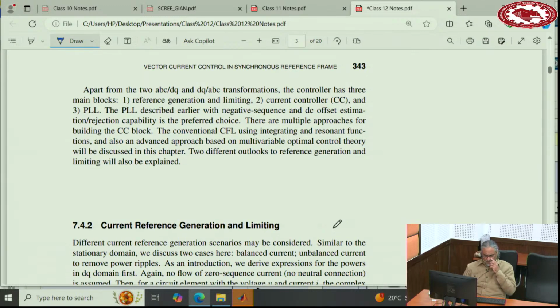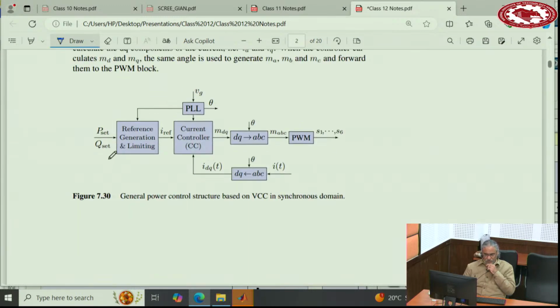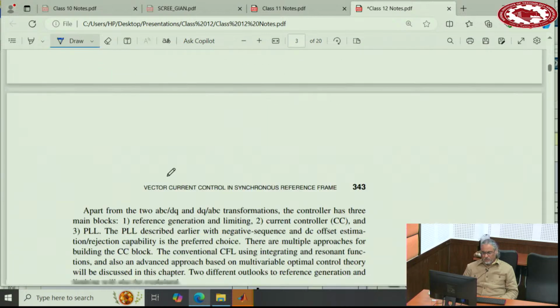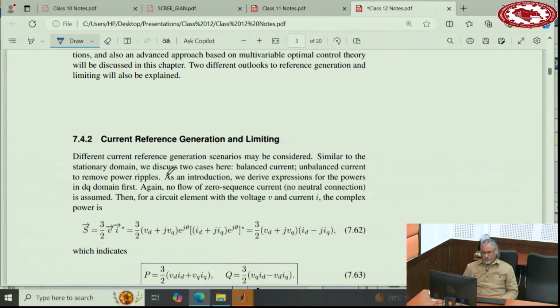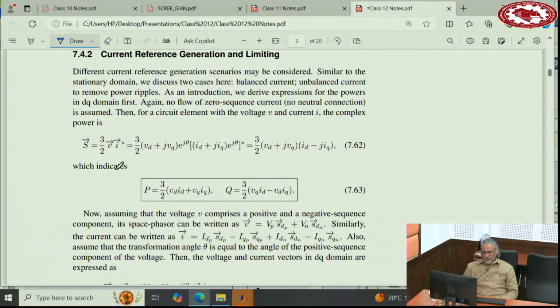Let's look at first the current reference, this block here, current reference generation, and then we go into this one, controller. So current reference generation, if you look at the expression for the complex power that we had before, we expressed that in terms of alpha beta in the previous class.